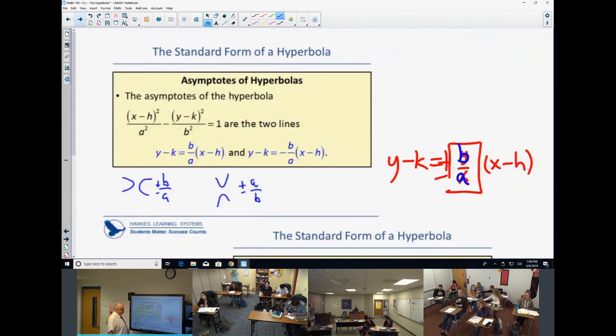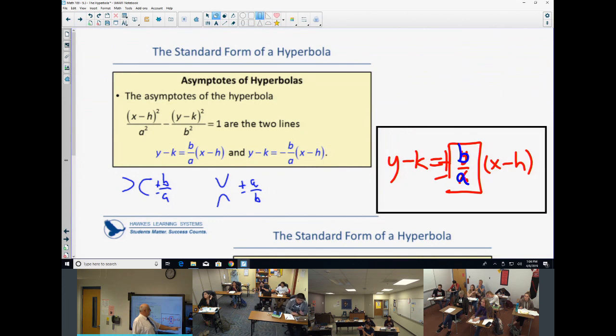All right, now next, to find the asymptotes of the hyperbola. I like to use this equation right here: y minus k equals plus or minus b divided by a times x minus h. So this sort of combines these two.